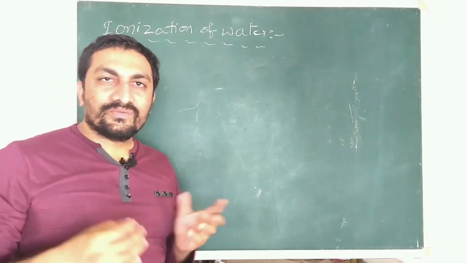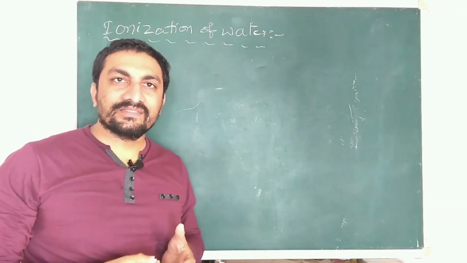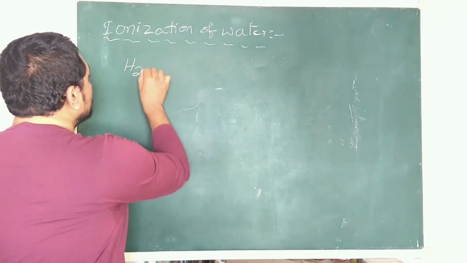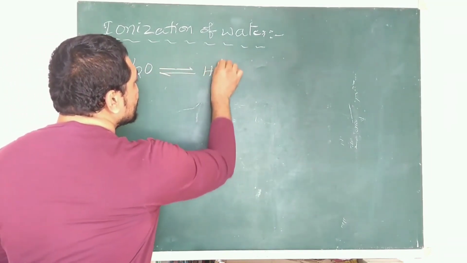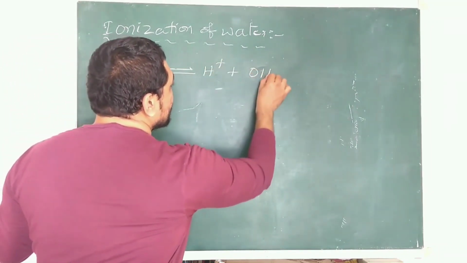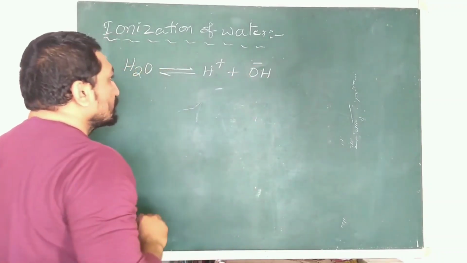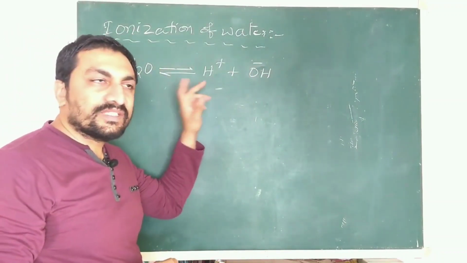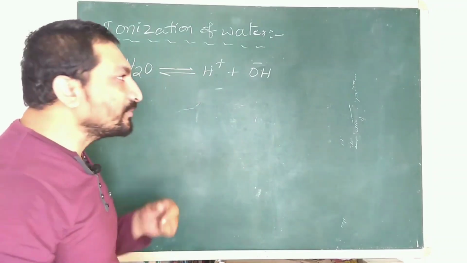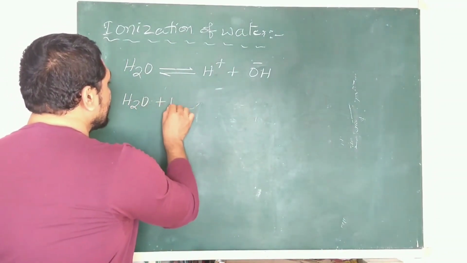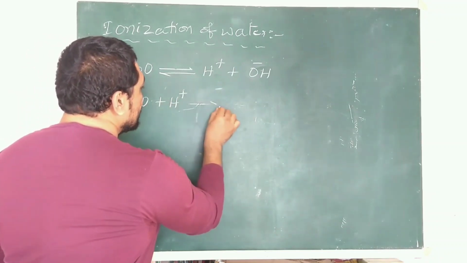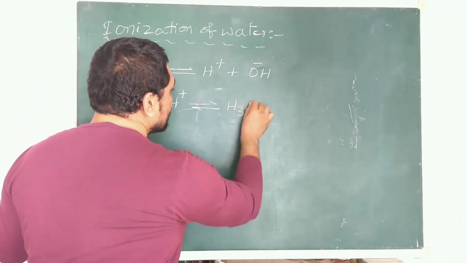So, in pure water, you will be having some equilibrium. That is H2O reversible arrows H plus OH minus. Now this H plus will combine with another water molecule to form H3O plus. Okay, H2O plus H plus reversible arrows H3O plus.